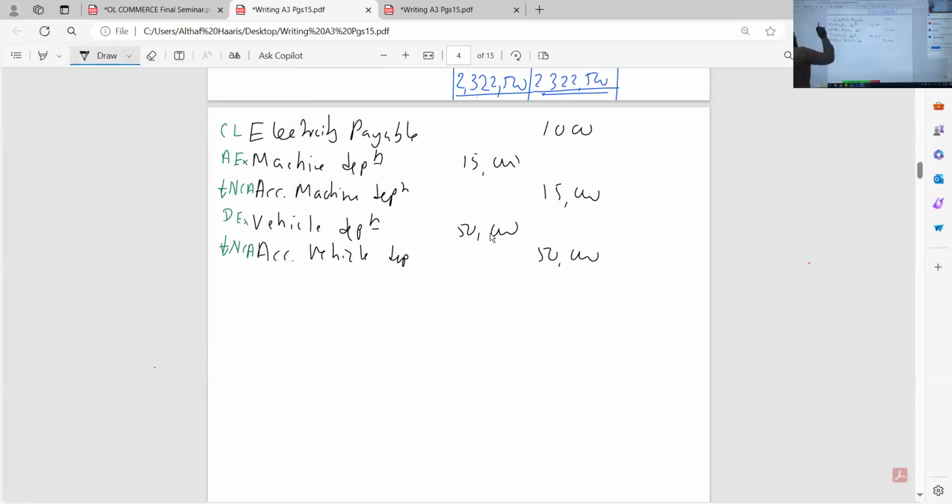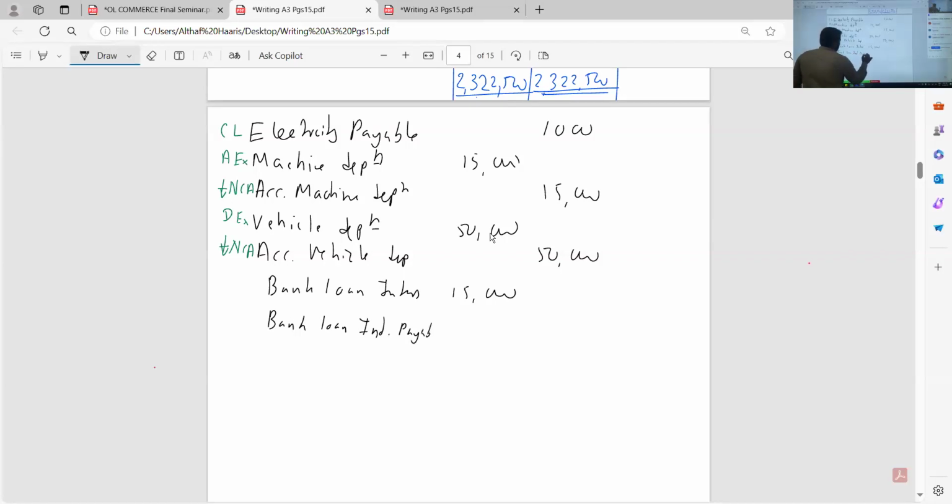A hidden adjustment. In your exam, you will have a bank loan interest of 150,000 at 10%, which is 15,000 debit. Bank loan interest payable.